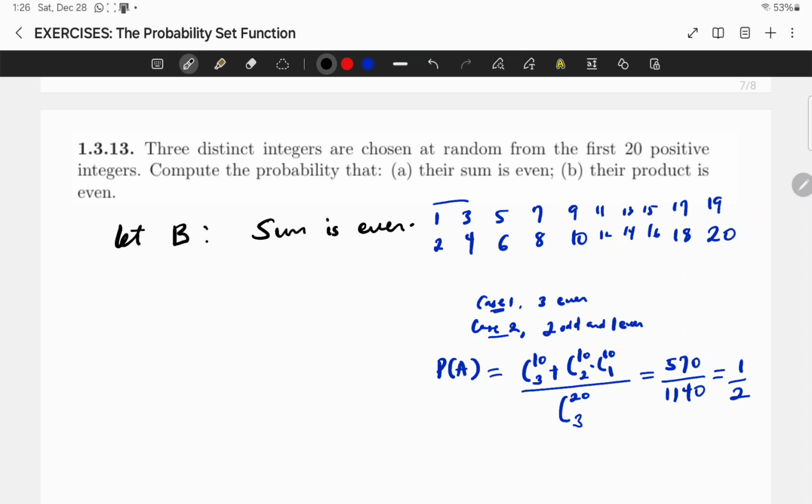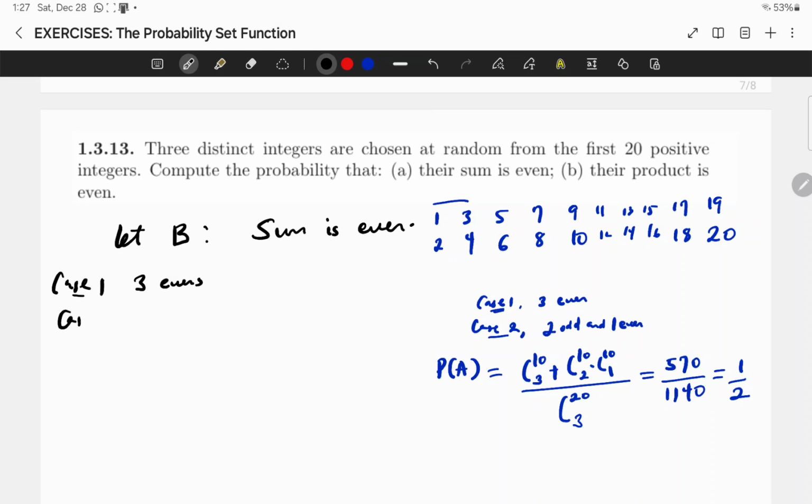So what are the cases? Case 1, for us to have a product that is even: if you multiply 2 times 4, 6, 6 times 6, 36. That means that if all the 3 integers are even, then their product also will be even.